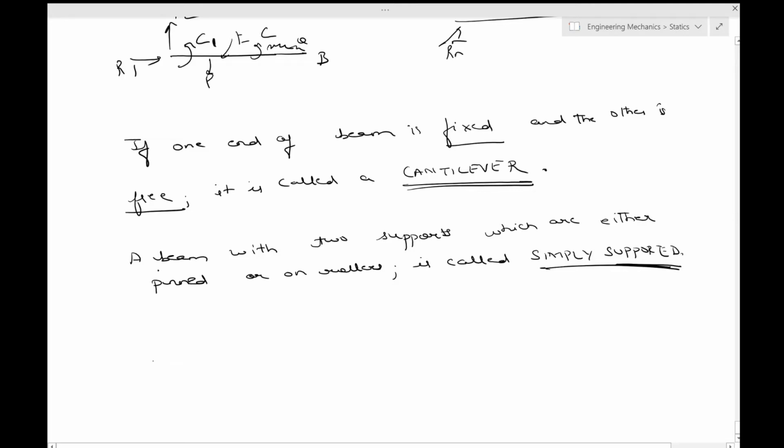On the other hand, you can also have beams which are like this, fixed beams. So these are fixed at both ends.